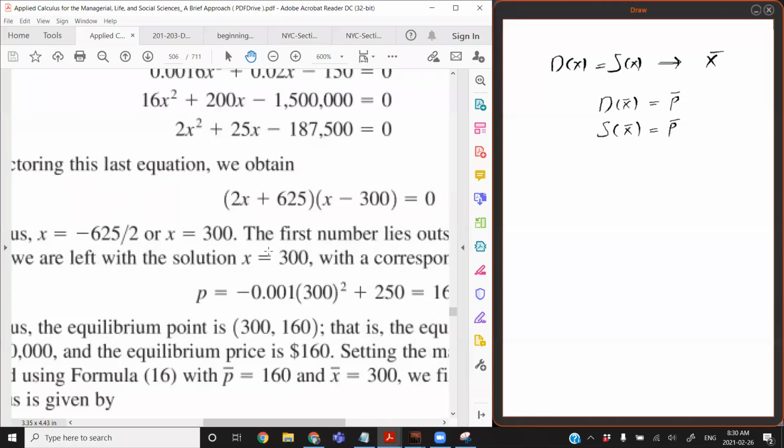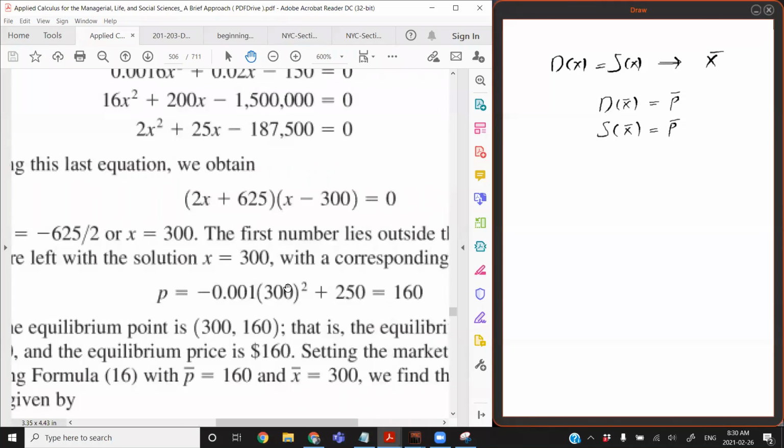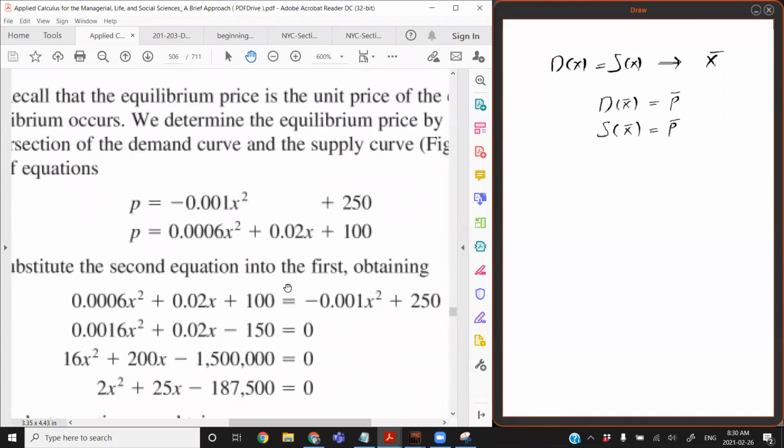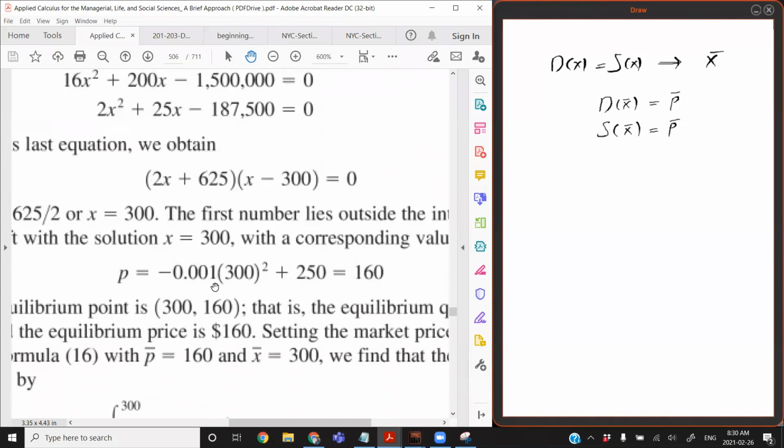Now that you have the 300, you can plug it into the demand function or the supply function, and this will give you the equilibrium price. So that way you find both X bar, which turned out to be 300,000 units, and P bar, which is 160.